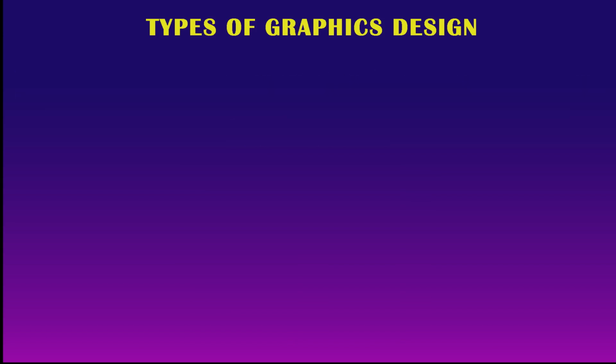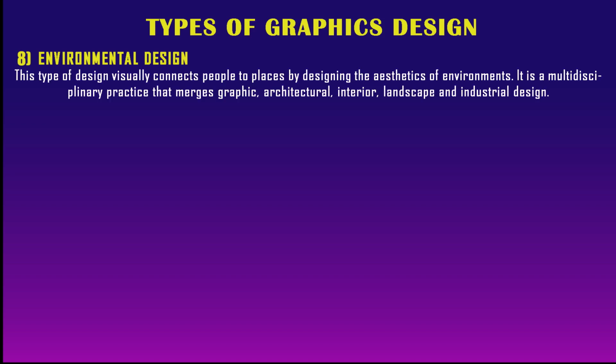And finally, number 8, environmental graphic design. This type of design visually connects people to places by designing the aesthetics of environments. It is a multidisciplinary practice that merges graphic, architectural, interior, landscape, and industrial design.